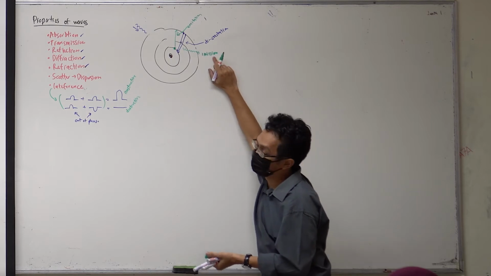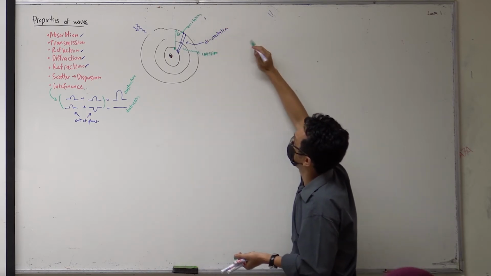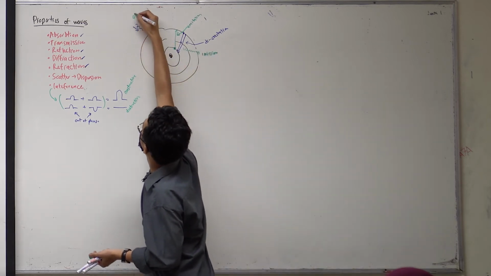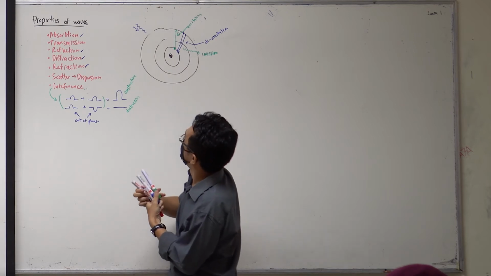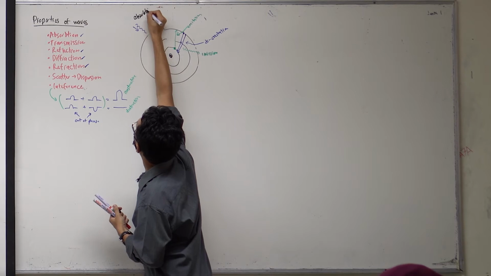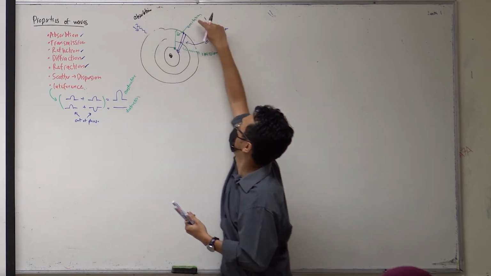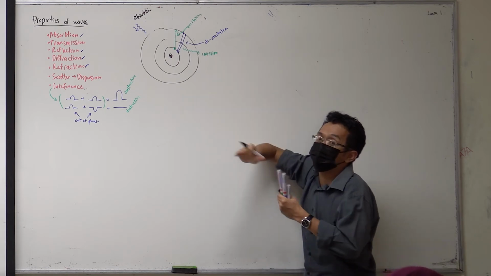So this excitation and de-excitation happen because of absorption. The reason this happens is the absorption of energy, so absorption, excitation, de-excitation and emission are intercorrelated.